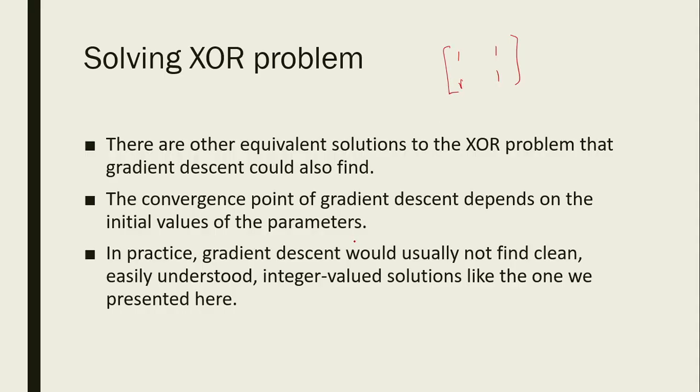But when we go for the gradient descent method, instead of this we may get 0.9, 0.9, something like that. So it's not as clean as this result. But our main aim is to find parameters that approximate our original function, and the error should be minimal.